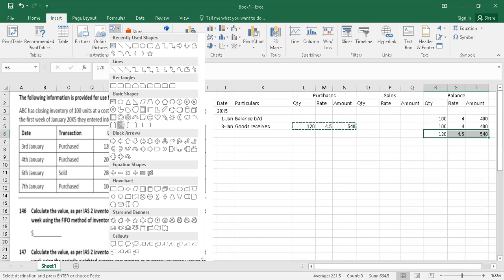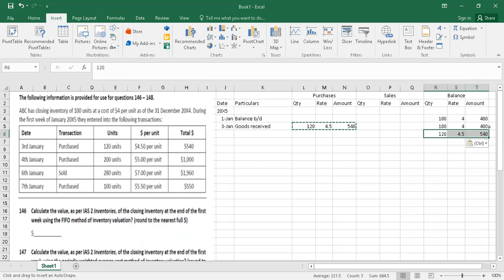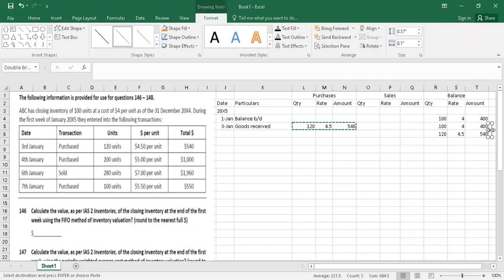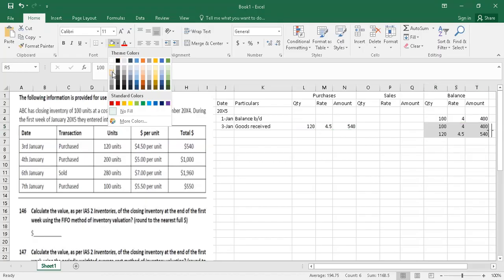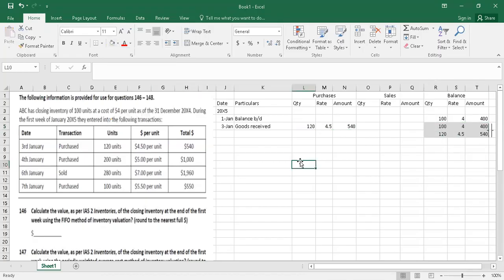This one. So this is all one transaction. It is not looking very obvious. I'll highlight it with a lighter color. Okay, this is one.